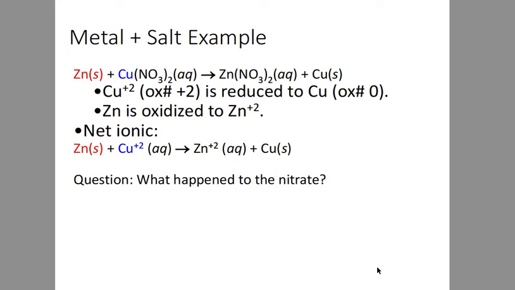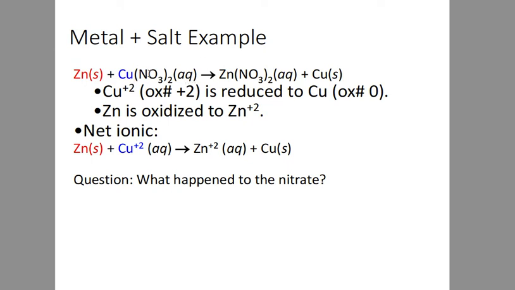And again you can go through and identify the oxidation numbers and who is reduced and who is oxidized, who's the reducing agent, who's the oxidizing agent. And then when we look at the net ionic equation here, I want to ask you what happened to the nitrates. Hopefully you realize that this compound, copper(II) nitrate, the way it's written, aqueous, that's our secret language.